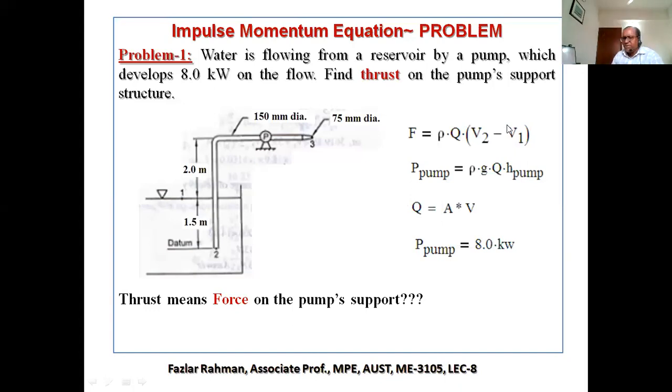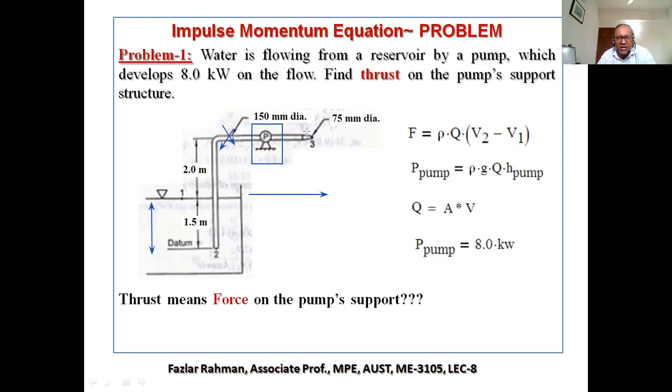So let's solve a little problem. Right over here, you see a pump, pump P. It's taking liquid, say water, from a reservoir, and this reservoir maintains the level of water from the pipe entrance always 1.5 meters, and the height of the pump from the reservoir, you see, is 2 meters. The pipe diameter over here is given as 150 millimeters.